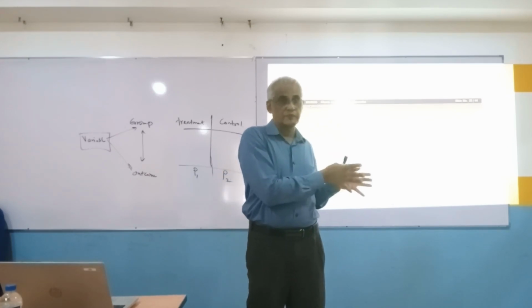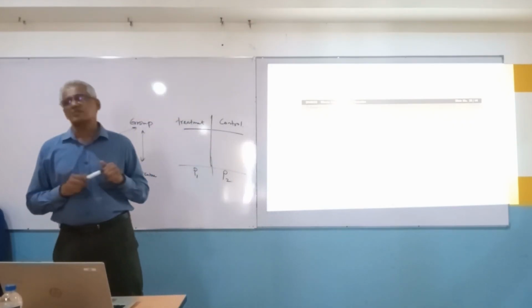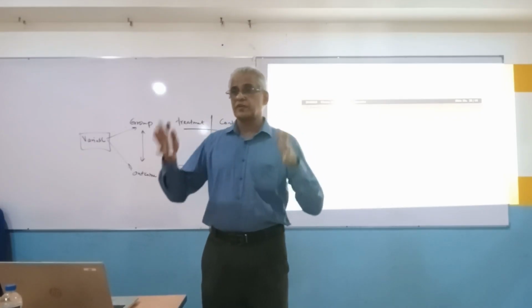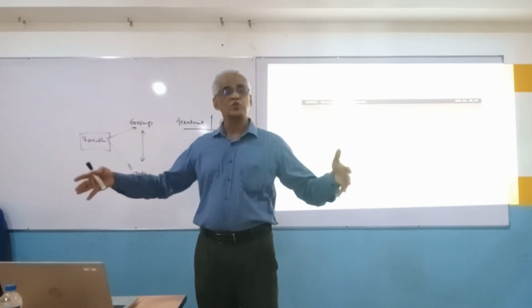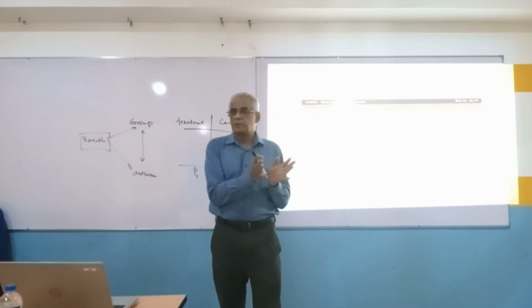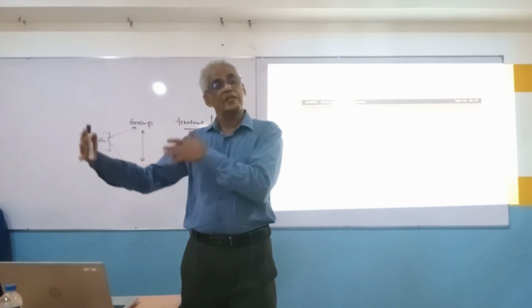On the other hand, in the completely randomized design, even if there is a placebo effect, it will be the same in both groups, because these people don't know whether they are getting the treatment. People think that they are getting the treatment. Placebo people also think that they are getting the treatment.